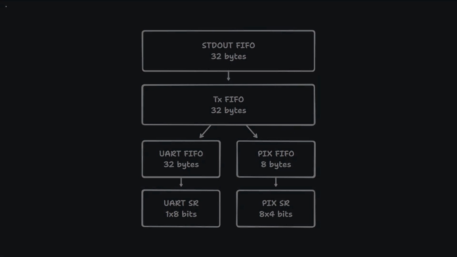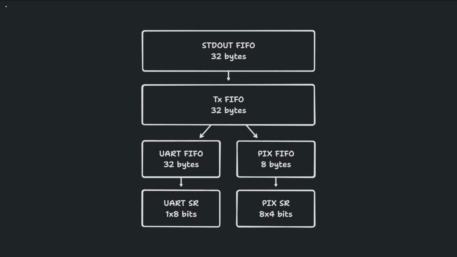But wait, there's more. Switching the direction of a pin that's actively moving data without losing any data isn't always trivial. Here's all the buffers I need for the standard out system on the RIA. You'll have to consider all of them, even the shift registers on the physical layer.